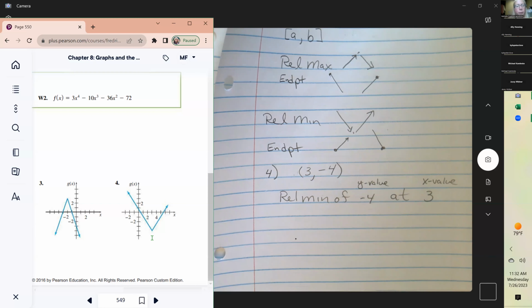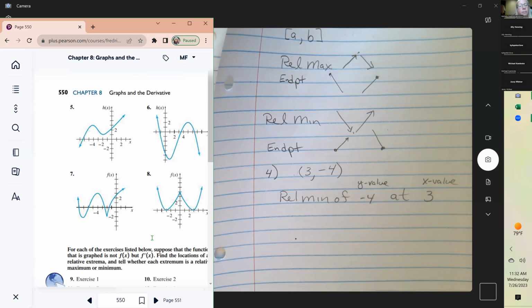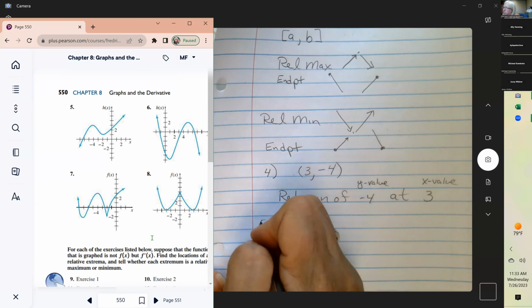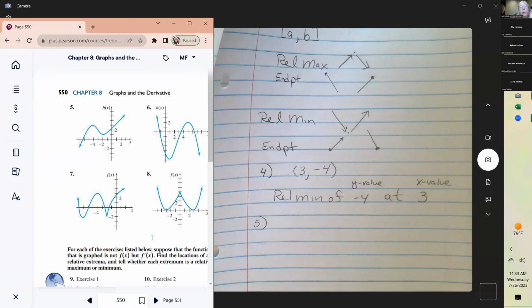Find one that has more than 1. Number 5. So you're looking for your highs and your lows. Now, again, this one, we don't have to worry about the endpoints because there's an arrow.